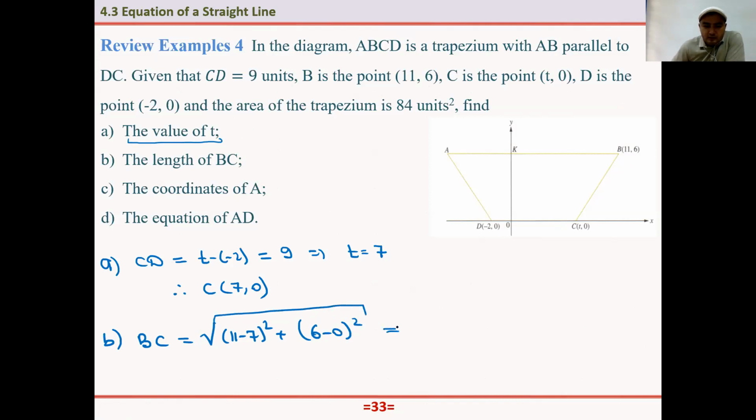I know you can calculate this, but as I told you, we need to show our work. That's why I'm writing everything here. You have to get used to it, especially if you're going to sit for the exam. Anyway, 11 minus 7 is 4 squared, that is 16, plus 36, which is equal to the square root of 52, or 4 times 13, which is 2 times the square root of 13. Right?